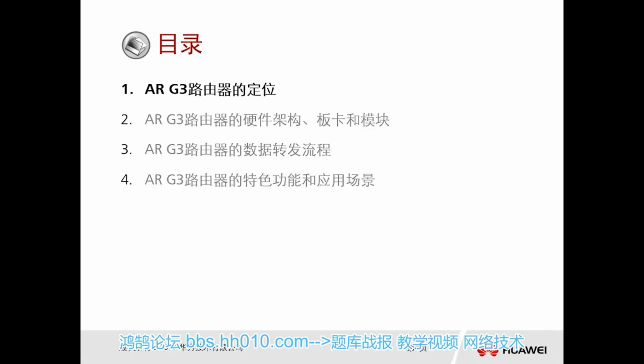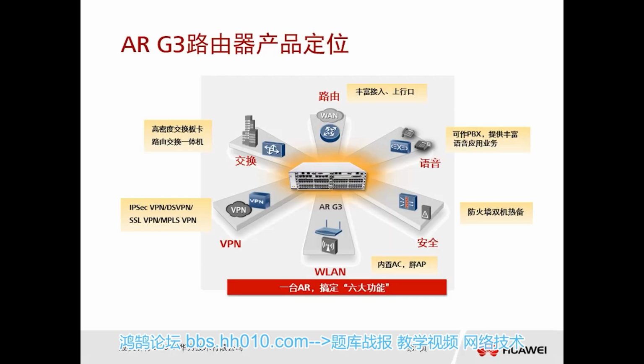First of all, let's take a look at the positioning of the router, the positioning of the AR router product. Just now it was also mentioned that the AR-G3 router combines switching and routing, voice, security, VLAN, VPN, and other integrated functions as part of this new generation of router products.